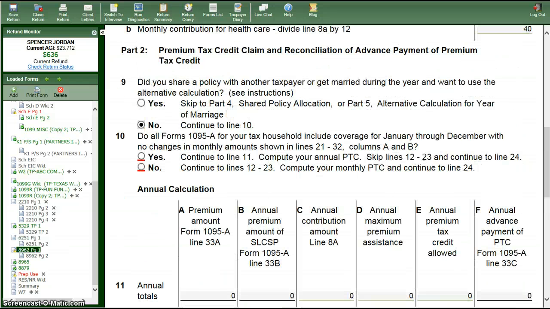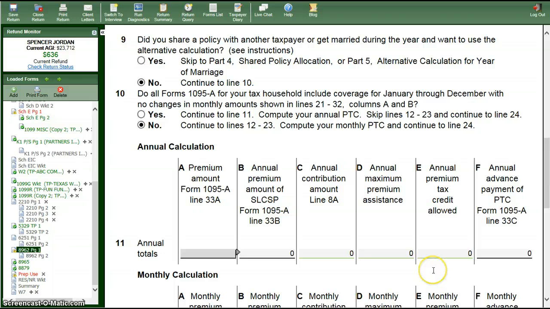So because his 1095A does not include all 12 months, and those months with no changes, this also is going to be no. And when line 10 is checked no, just as it says here, you compute your PTC on line 24.